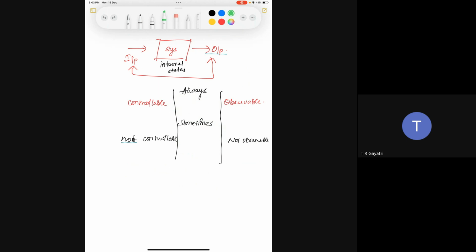If a system is controllable, will it be always observable, or sometimes observable, or sometimes not observable? Whatever you choose, the other will follow as a direct understanding. We choose sometimes observable, sometimes it won't be observable, right? But try to choose the proper pair.